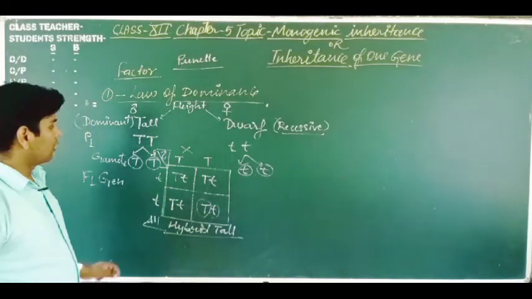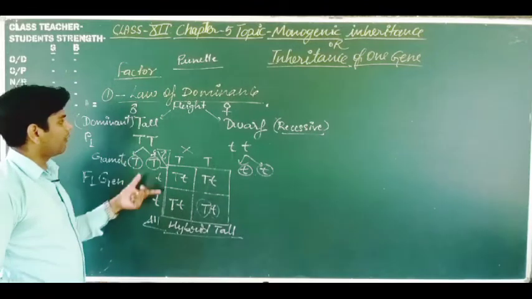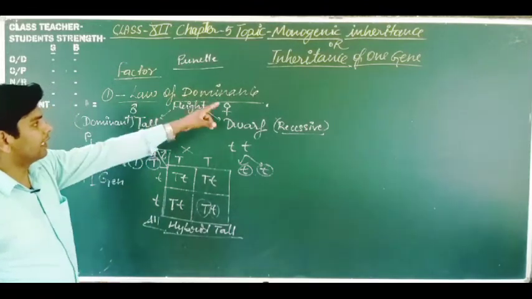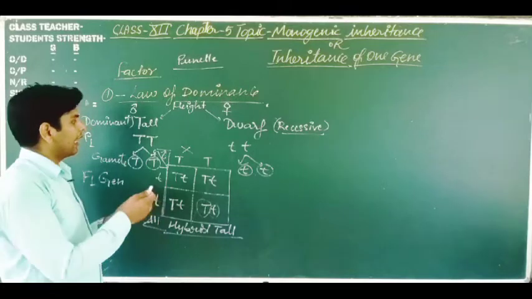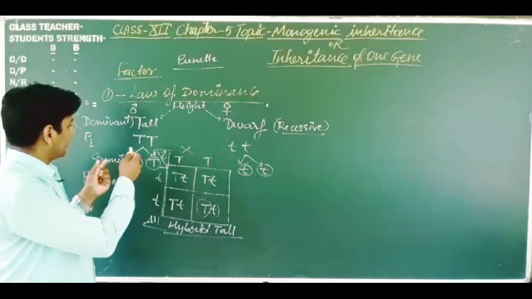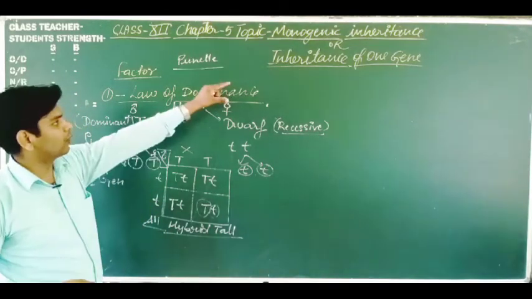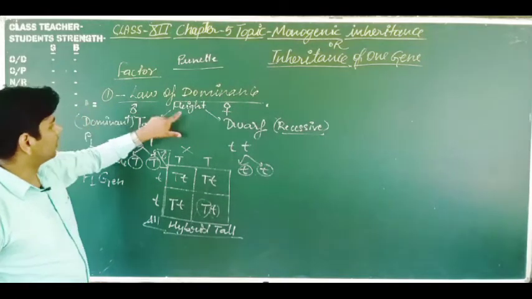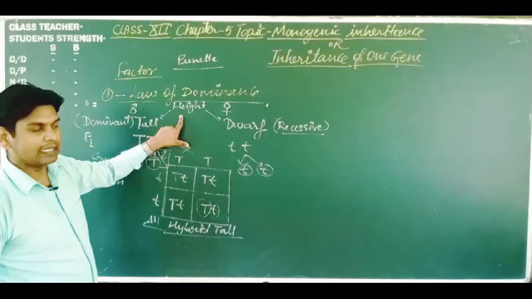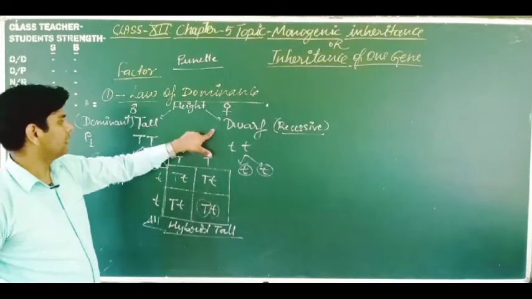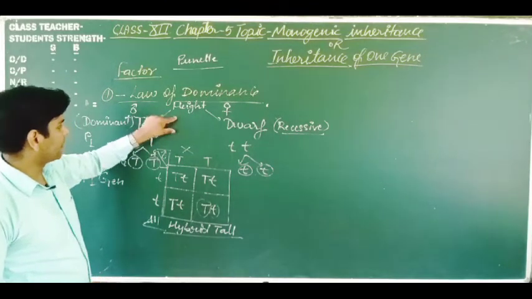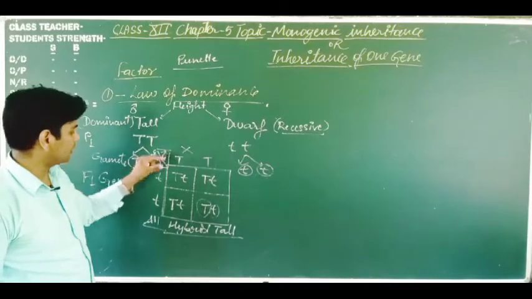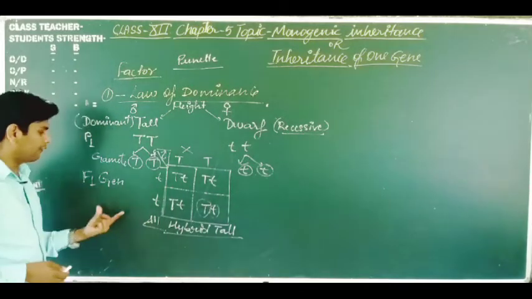Got it? Dear students, this is the monohybrid cross and we are studying the inheritance of one gene. How is it satisfying this monogenic inheritance? One character we are studying. Height is one character and height has two contrasting traits, and these are passing into the next generation, the F1 generation.